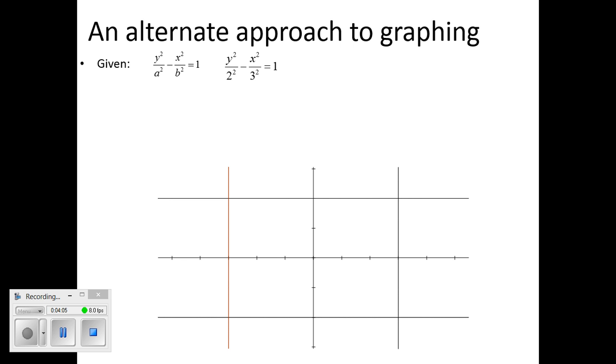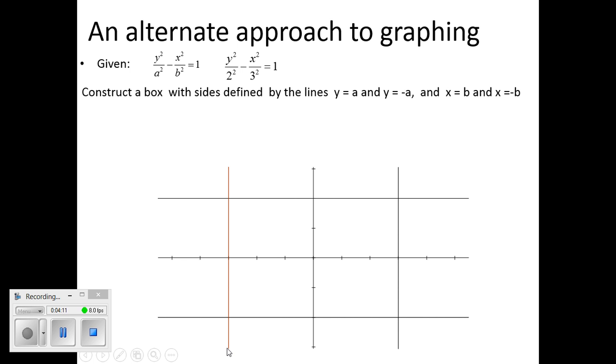All right, so we have identified our A and B values easily enough. What we're going to do is construct a box defined by the lines y equals A, y equals -A, x equals B, x equals -B. Or more specifically, y equals 2, y equals -2, x equals 3, x equals -3.